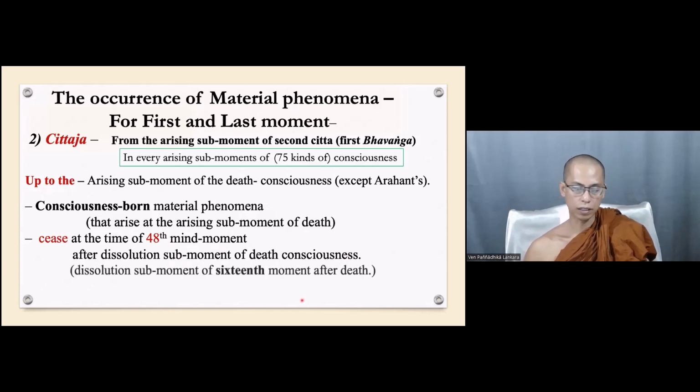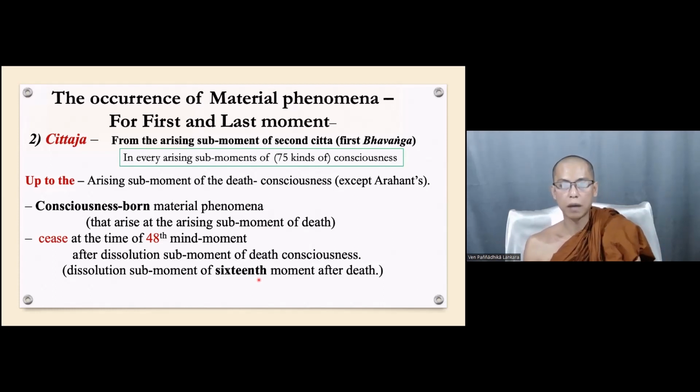Here we can count it. It is a dissolution sub-moment of 16 moments after death, but because the consciousness is not continuing after the death moment, we can only assume how many mind moments.